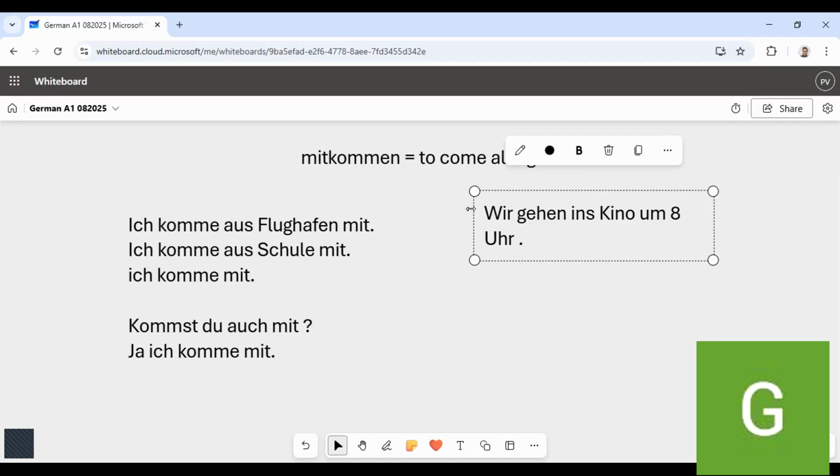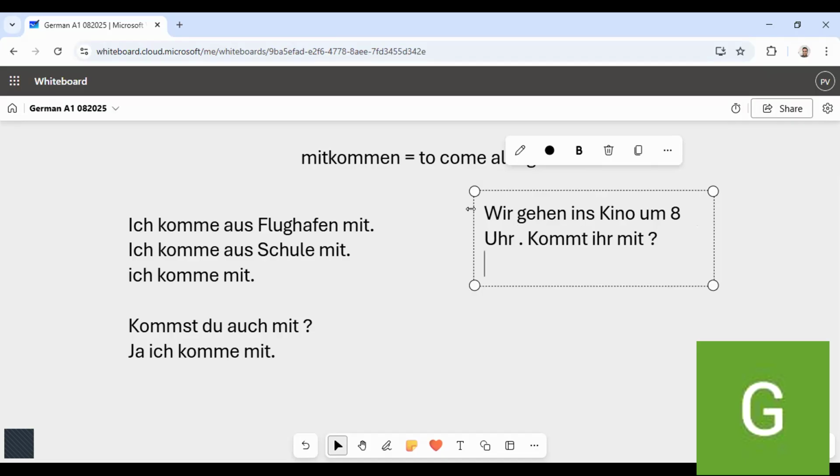Now they want to ask the other two friends, how will they ask? Kommt ihr auch mit, which means are you also coming along? So what is here is second person informal plural. Kommt ihr auch mit. So this is how the Trennbar verbs are used in Ja/Nein Frage.